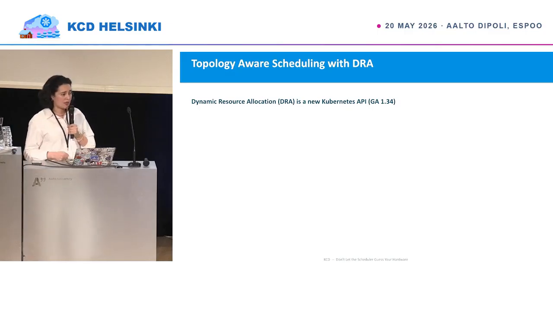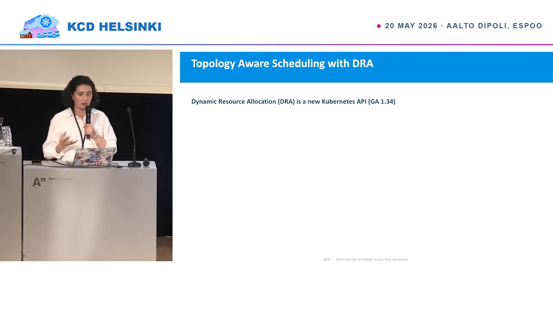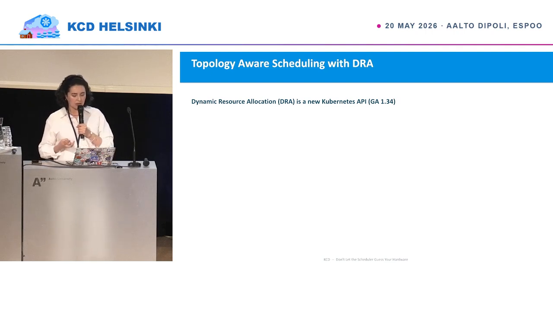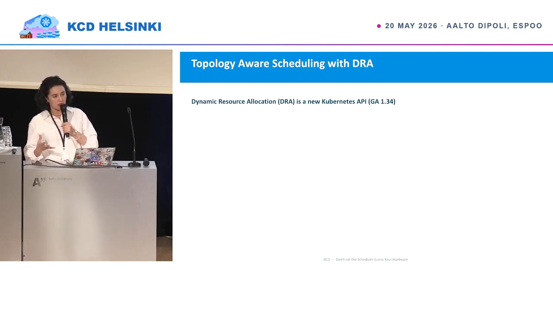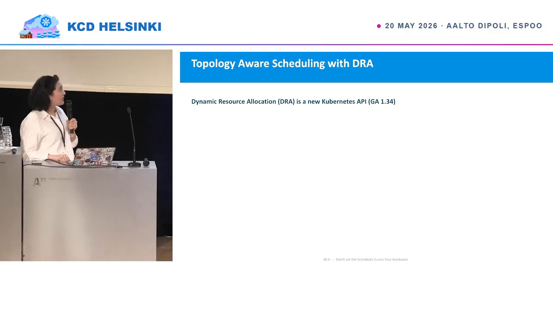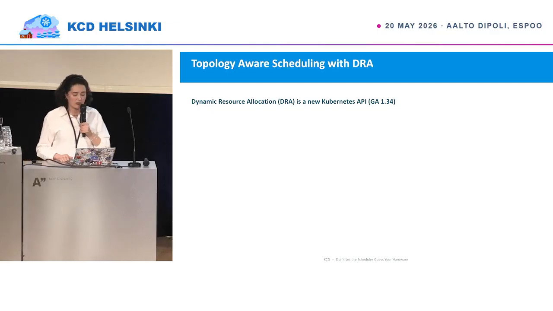This allows the scheduler to reason about the resources with their attributes, for example, PCIe root locality, NUMA nodes, bandwidth capacity, etc., before scheduling them. So the new Kubernetes API, DRA, which is generally available in Kubernetes 1.34, is fundamentally changing the contract between hardware devices and the scheduler.